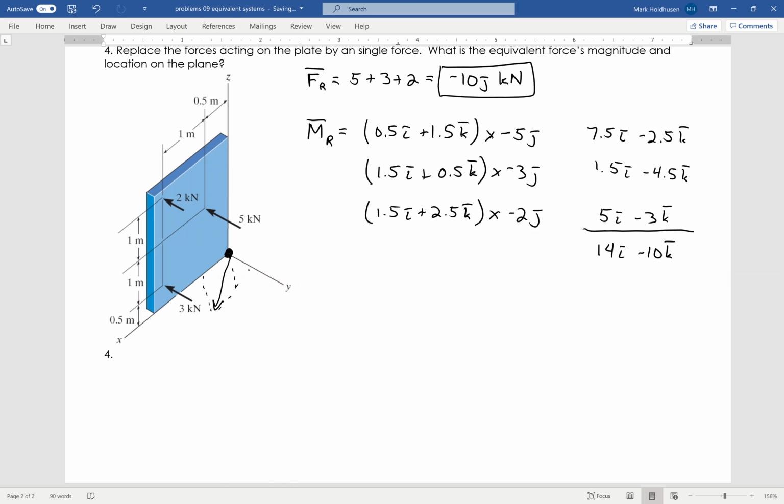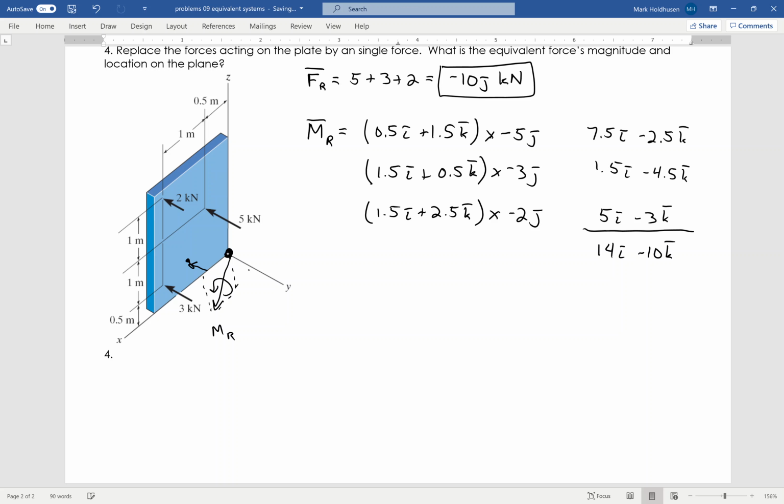That will be my resultant moment. Again, if I think about it in that direction, going about that axis. Okay, that's my resultant moment. Okay, but now the question becomes, I'm going to place this force somewhere right there. Let me move it just so it's a little bit easier.